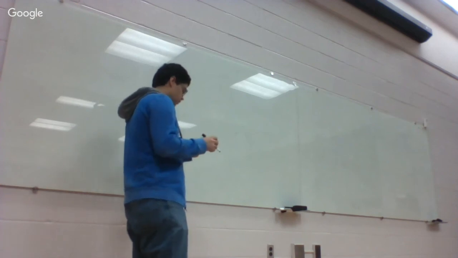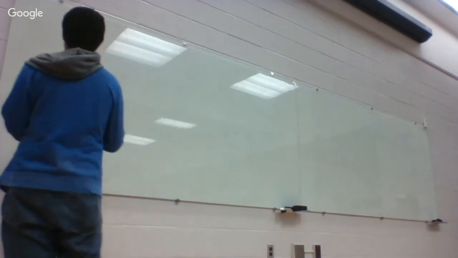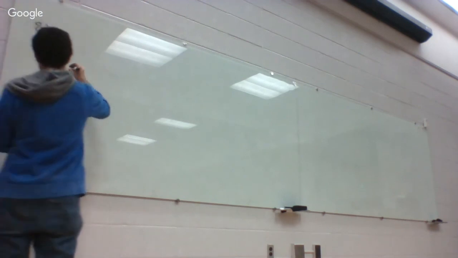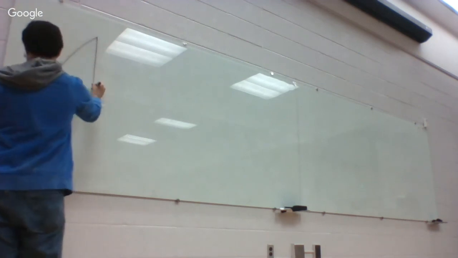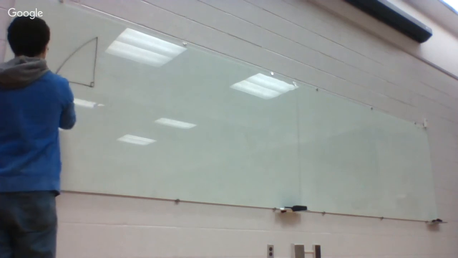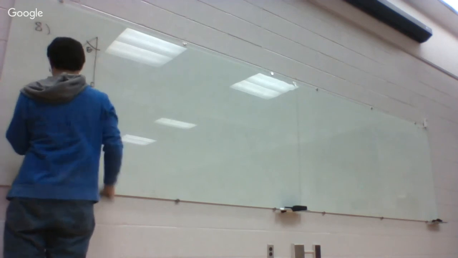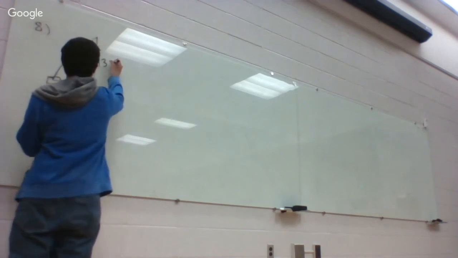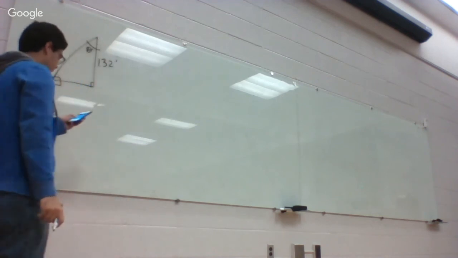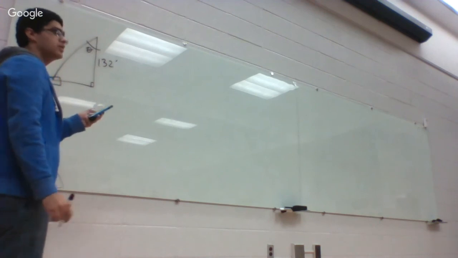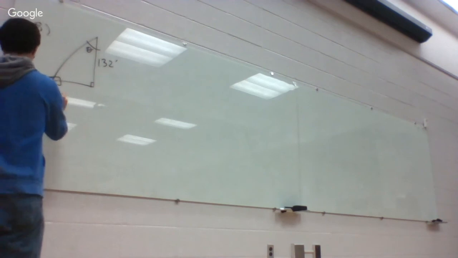So, you have a moving car, and they give you a little diagram. And you have theta. So the car is moving at 264 feet per second.